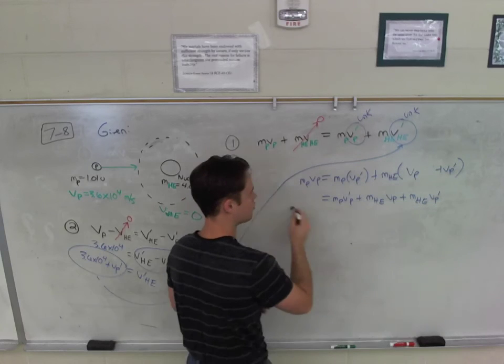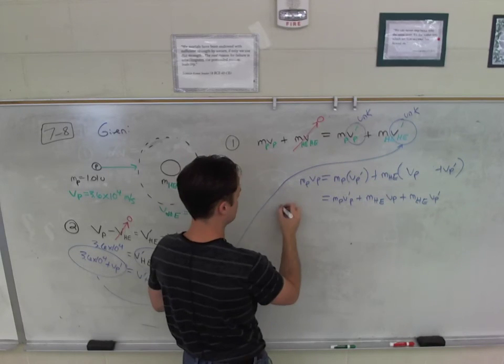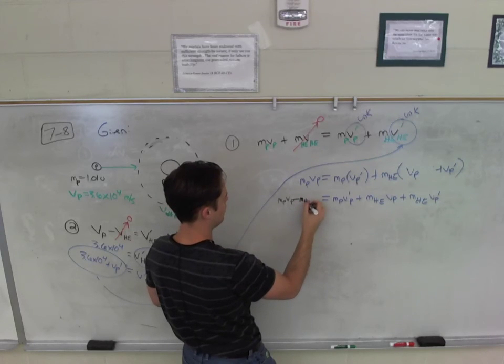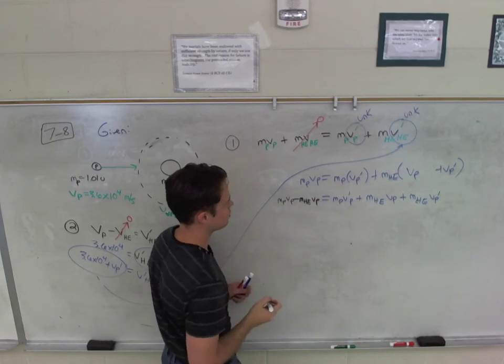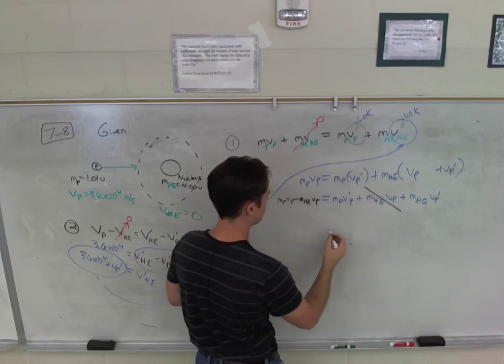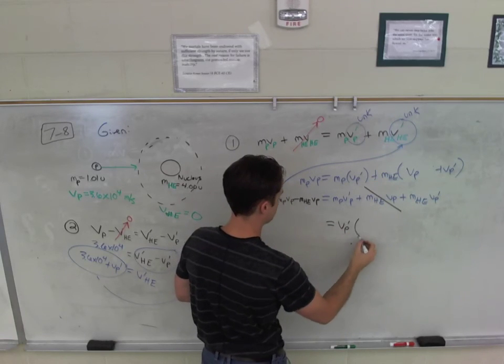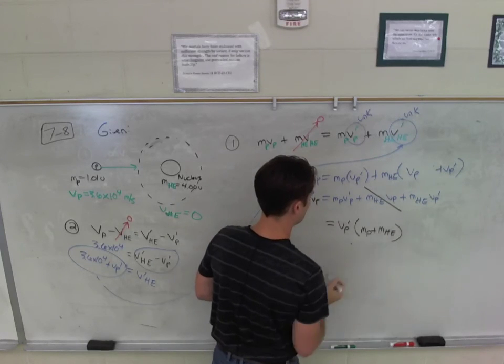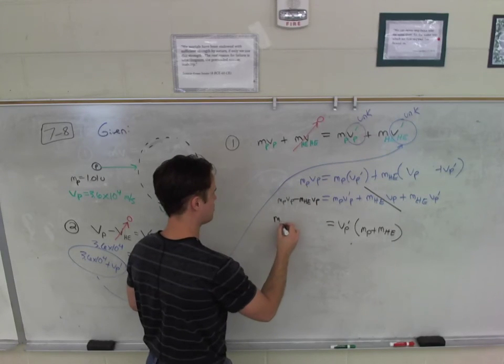This guy can go over here. So I'm going to have the mass of that, velocity of that, minus the mass of that, velocity of that. Got rid of that part. Factor this guy out. Divide it.